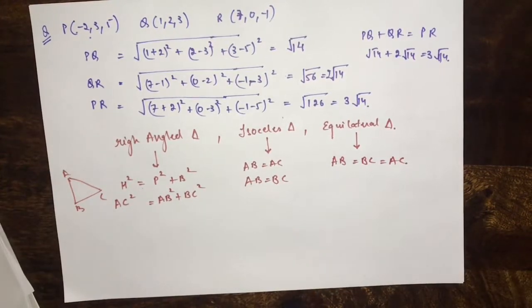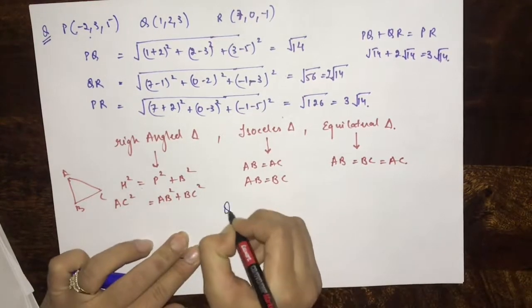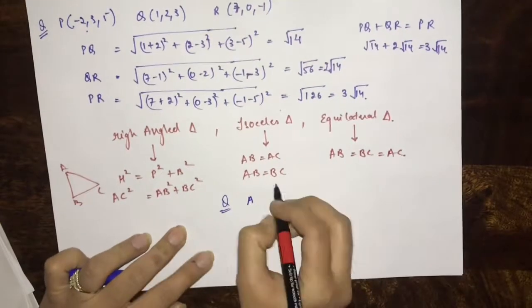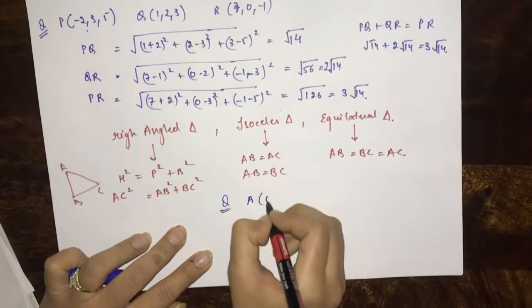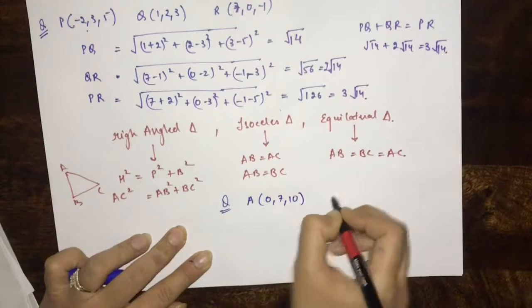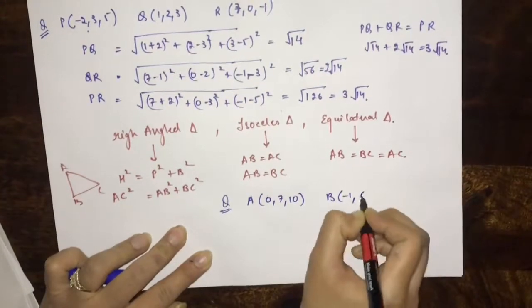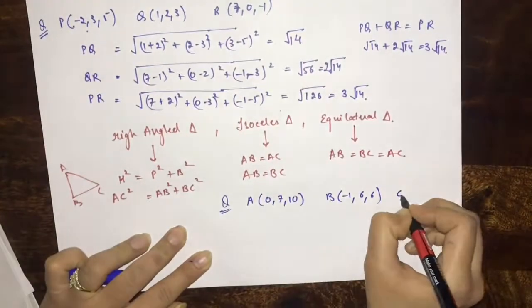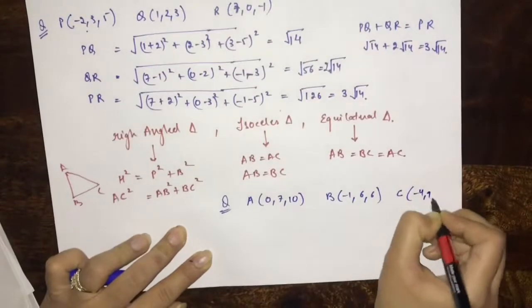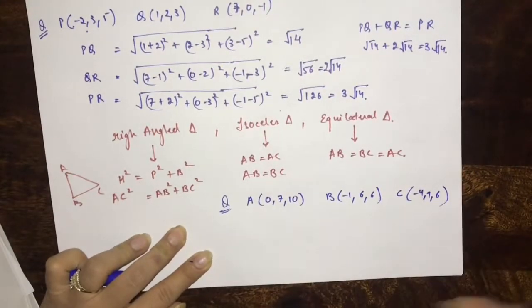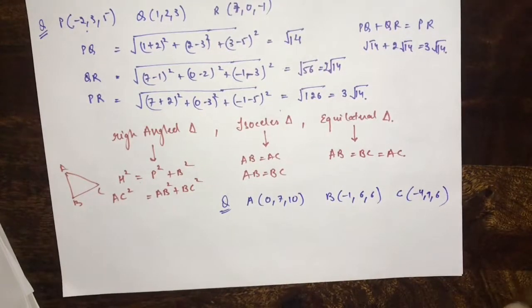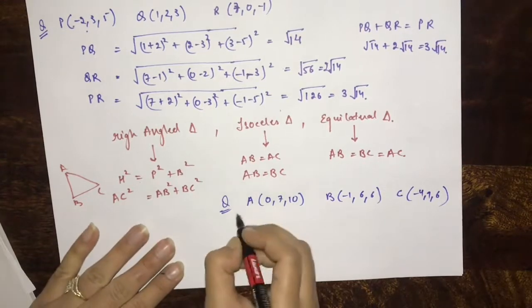Let's do a very simple question. Suppose you are given say 3 points. A is 0, 7, 10. You have B minus 1, 6, 6, and say you have C minus 4, 9, 6. Now you need to show whether it's a right angle triangle, isosceles triangle, equilateral triangle, or what.